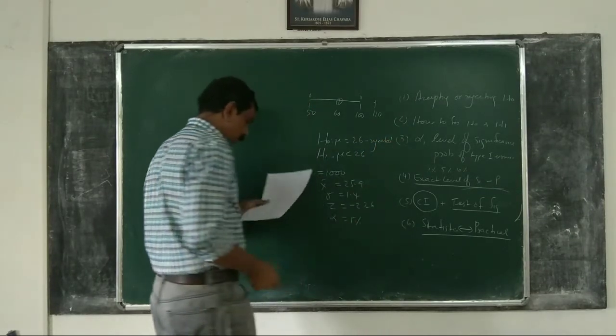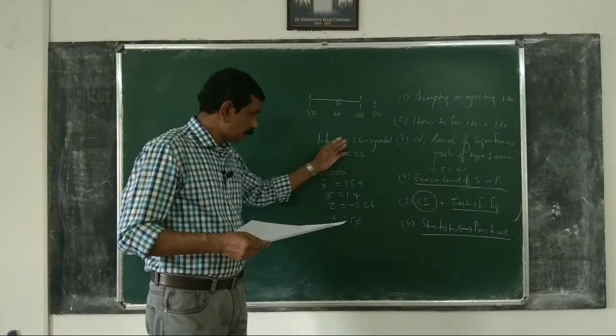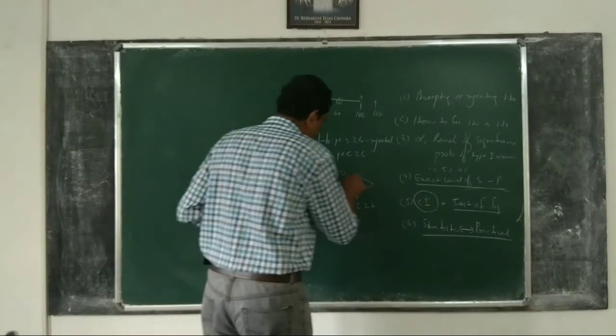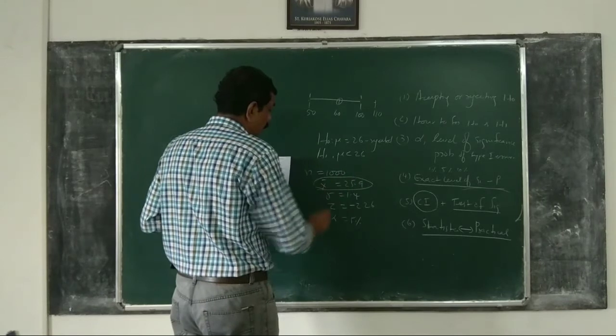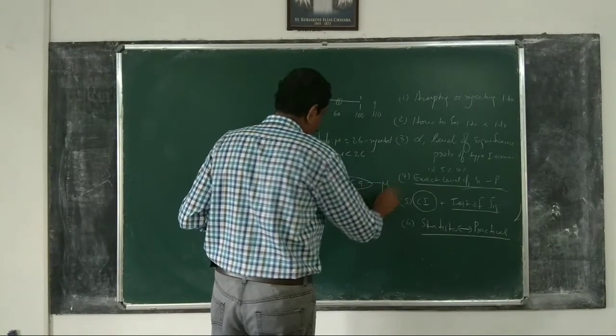H0 is rejected means the true mileage is less than 26. Our sample is very large, 1000, so x bar may be close to the parameter, 25.9 is the mean.